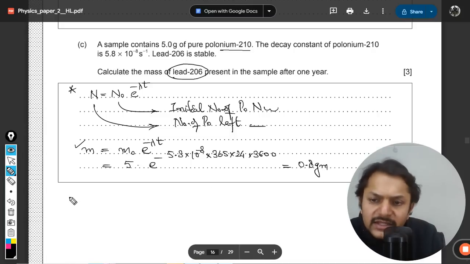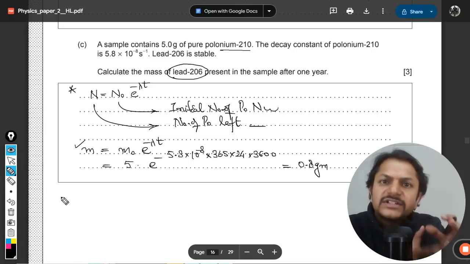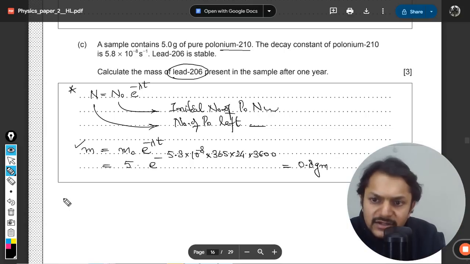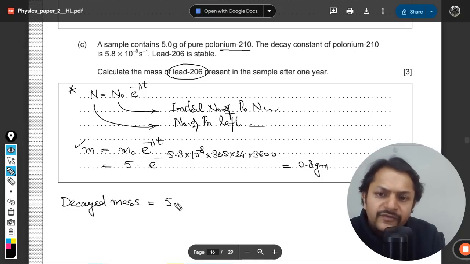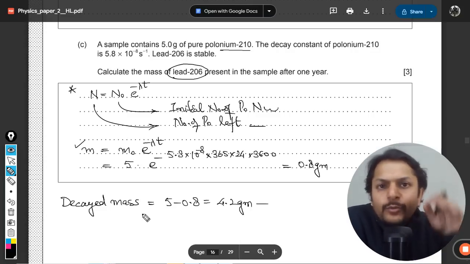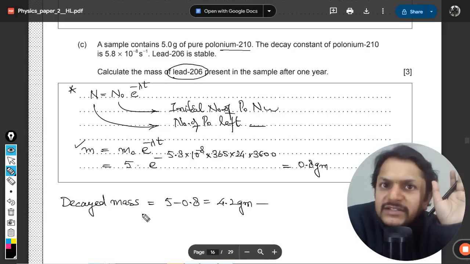It means that the mass which has undergone the decay is the decayed mass. You started with 5 gram minus 0.8. So it is 4.2 gram of the polonium. So 4.2 gram of the polonium has decayed.